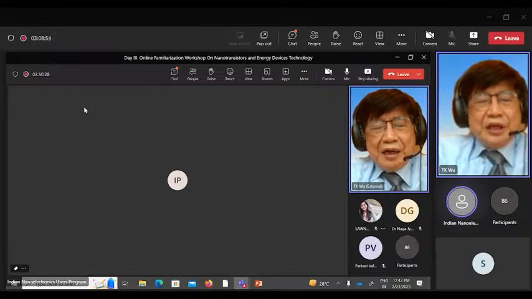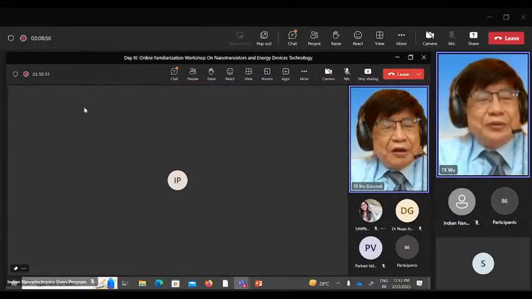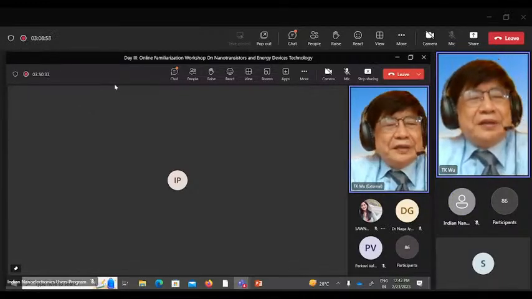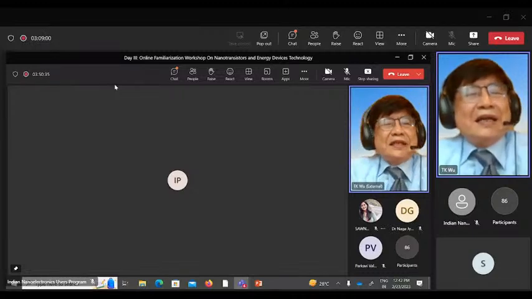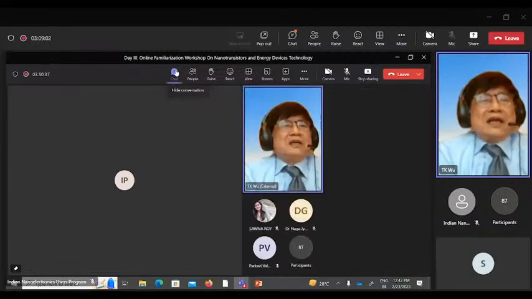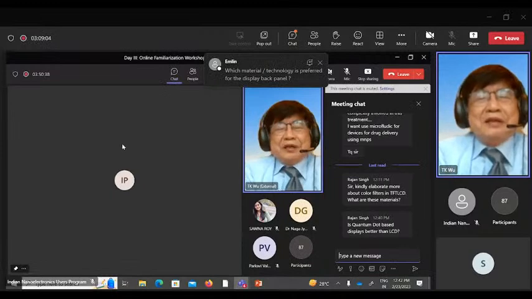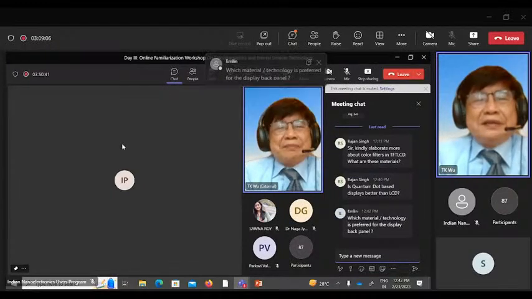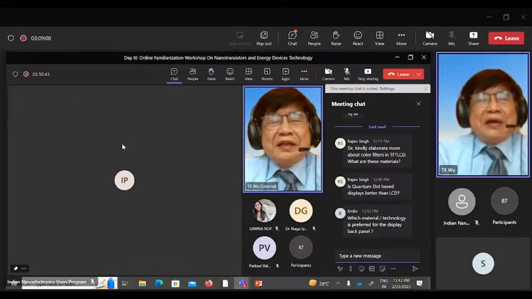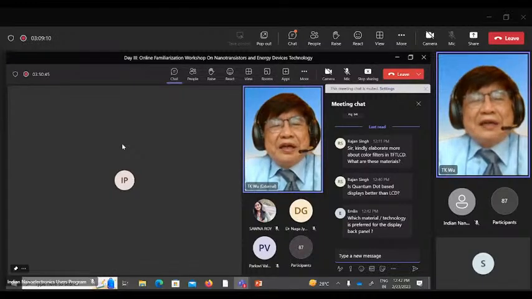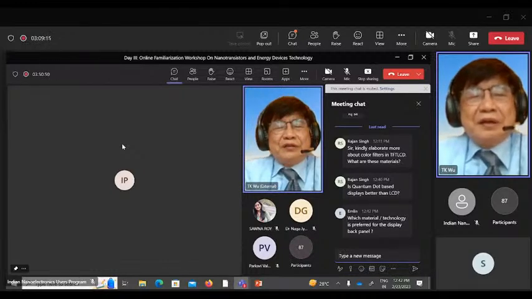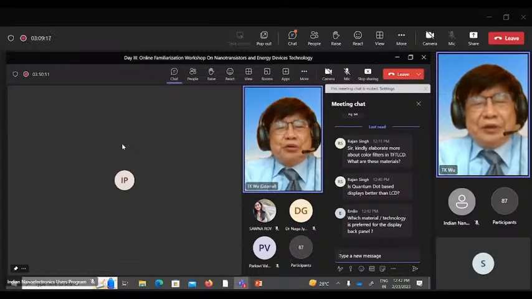I think liquid crystal is a kind of organic material. Basically it's organic, meaning there's carbon, but the key is we have to carefully design the liquid crystal. It comprises, first, twist material.